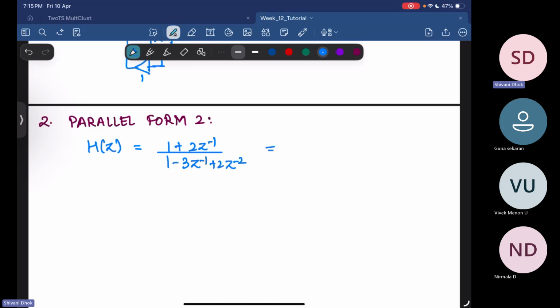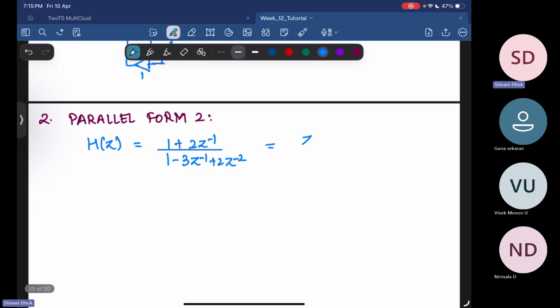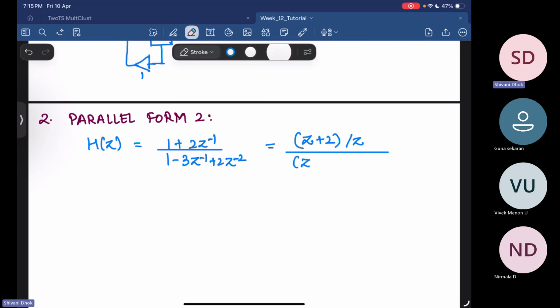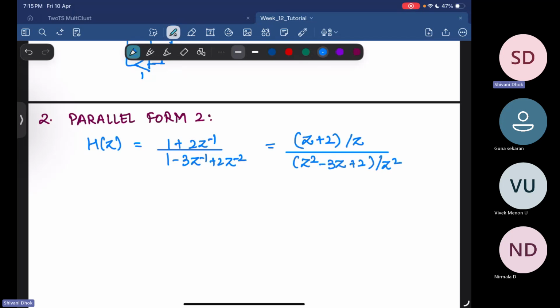So we can write this as z plus 2 divided by z, whole divided by z square minus 3z plus 2 divided by z square.